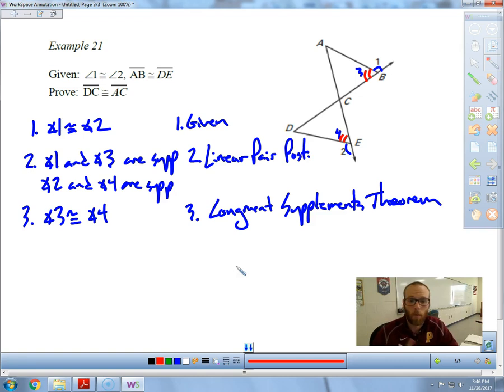Excellent. We have one pair of congruent angles. What else do we know? Well, I know AB is congruent to DE. That's a given.